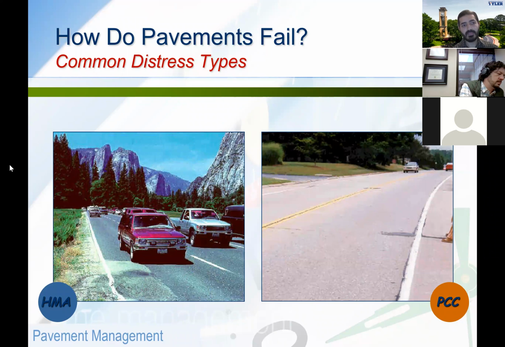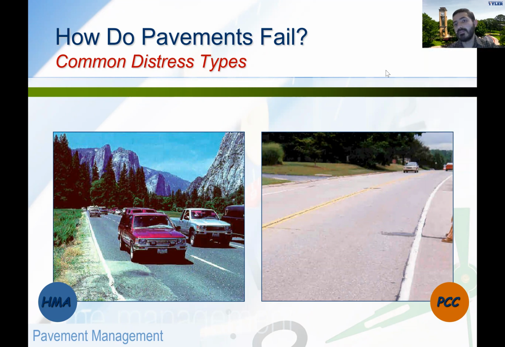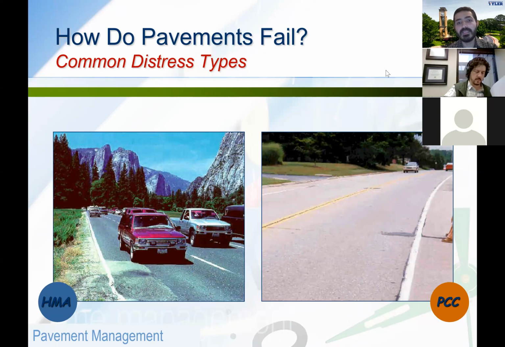In the previous lecture, we looked into an introduction about what a pavement management system is all about. But really, what's very important also in any pavement management system is to know how pavement fails, and how you can distinguish what kind of distress or problem you see in the field, as well as what the cause can be and how you can fix it.